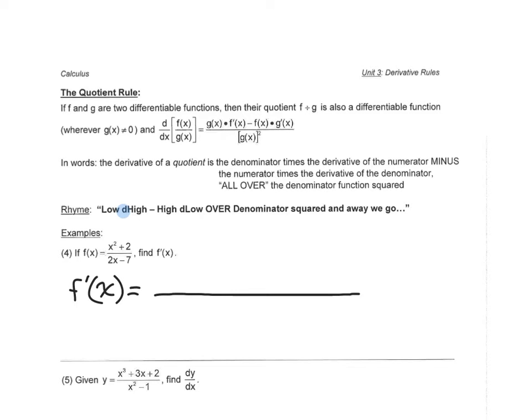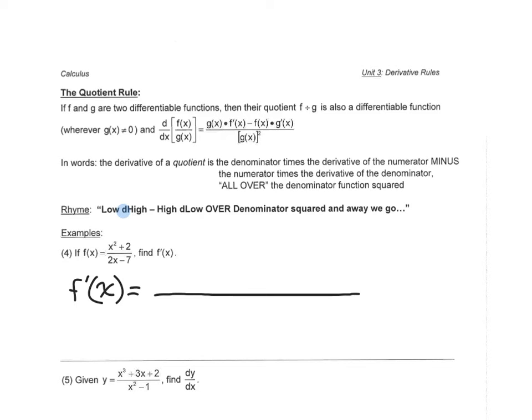So low times the derivative of the high minus high times the derivative of the low. So low d high, denominator times the derivative of the numerator. Order matters here. With product rule, order does not matter. But for quotient rule, it absolutely does matter because subtraction is not a commutative operation.